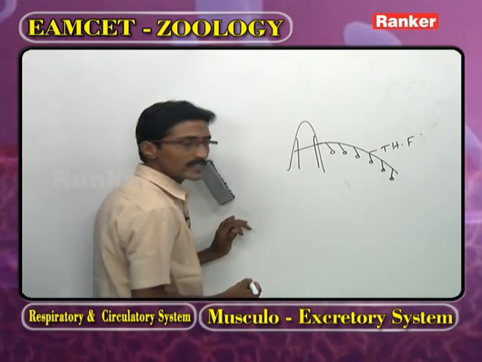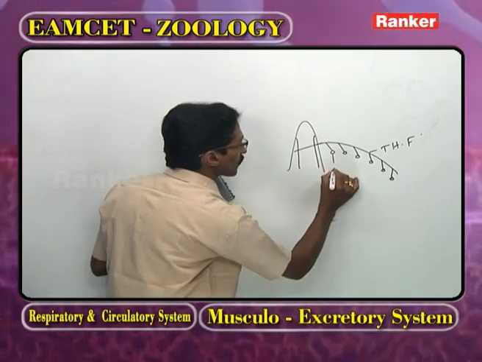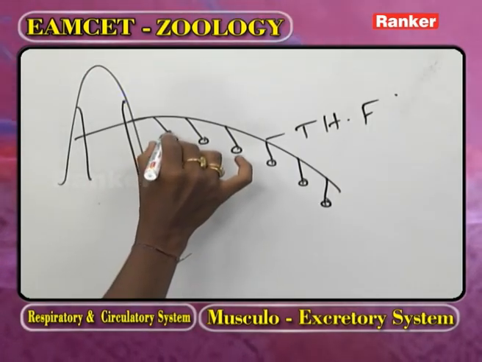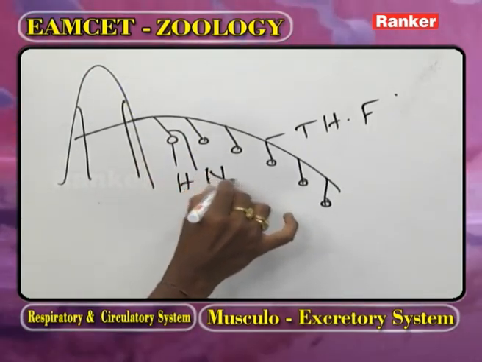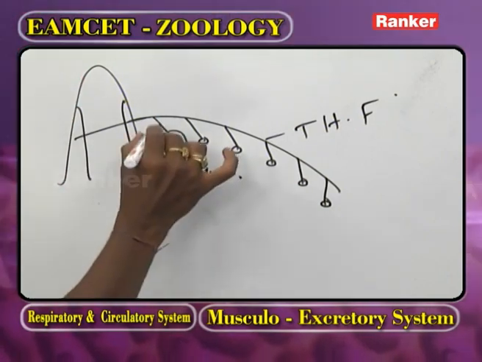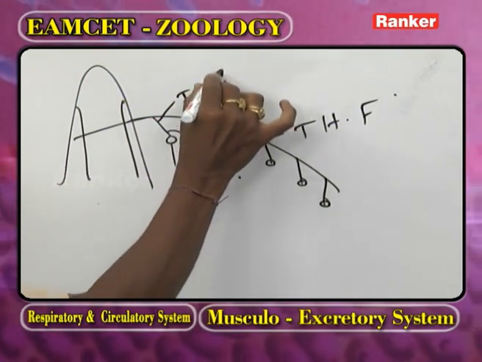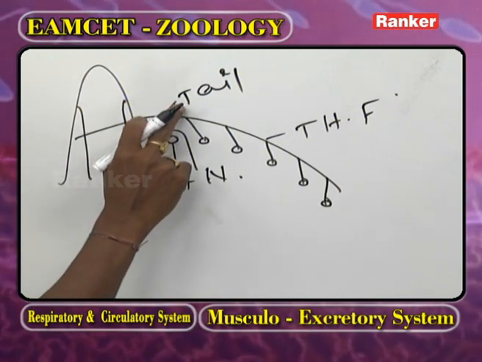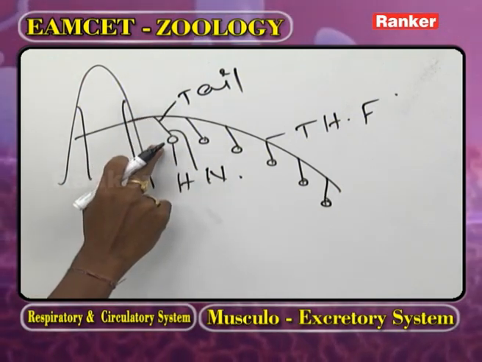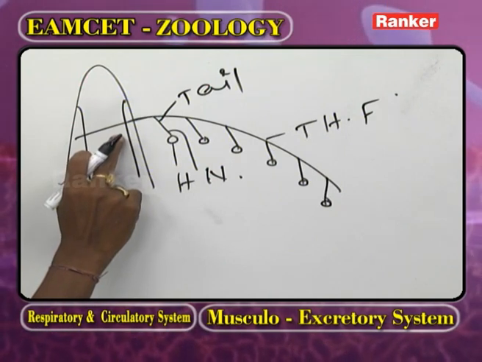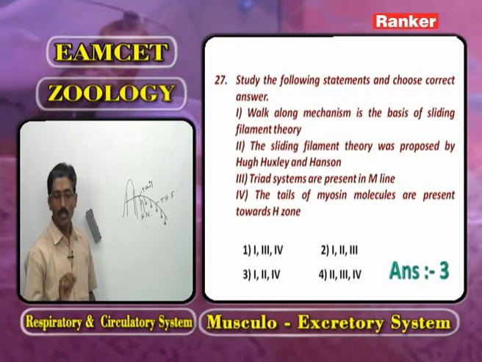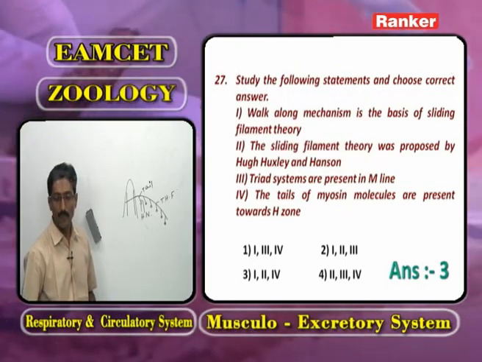Now this one we call it as the head of myosin molecule, this one the neck of myosin molecule, and this one the tail of myosin molecule. Now you observe the diagram. The tail of myosin molecule is towards the H zone. So the fourth one is correct. Here what is the wrong? Only the third statement. We go for the next question.